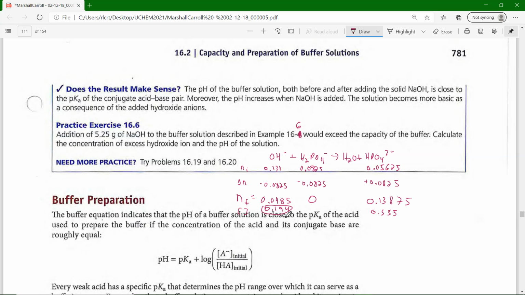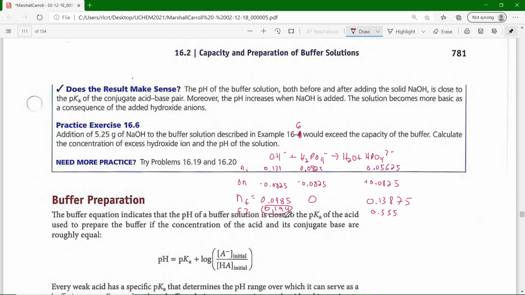So I'm salvaging something out of this. Log of 0.194 and then 0.71, so 12.3. Let's try it again.